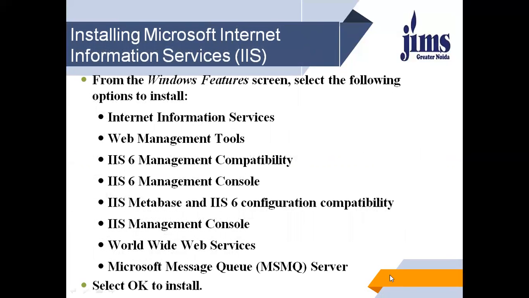From the Windows Features screen, select the following options to install: Internet Information Services, Web Management Tools, IIS 6 Management Compatibility, IIS 6 Management Console, IIS Metabase and IIS 6 Configuration Compatibility, IIS Management Console, World Wide Web Services, Microsoft Message Queue, MSMQ Server, and then you click OK to install. Your IIS will be installed.